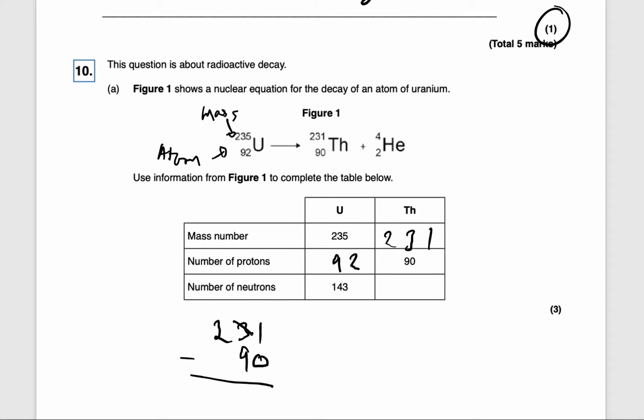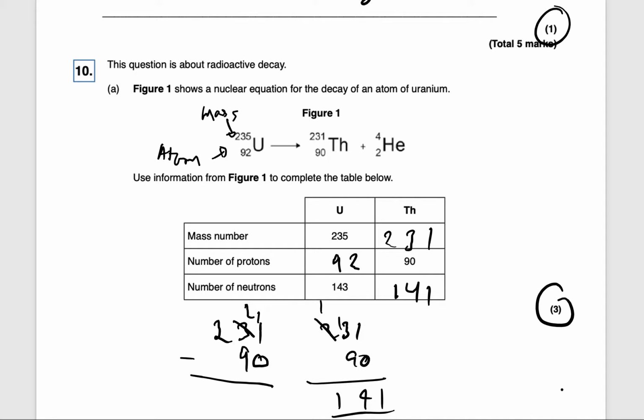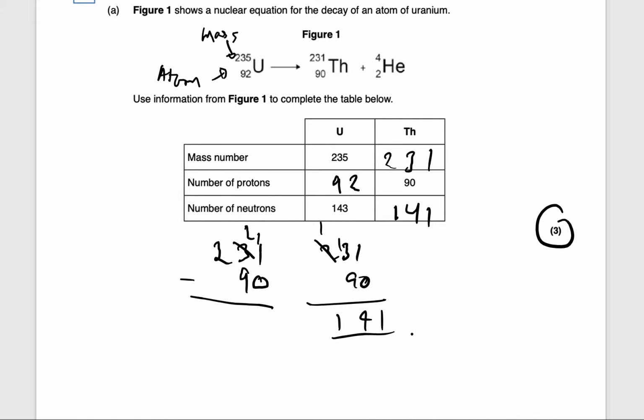And if we do that, that's going to give us 141. And that will get us 3 marks for the 3 numbers in the correct places.